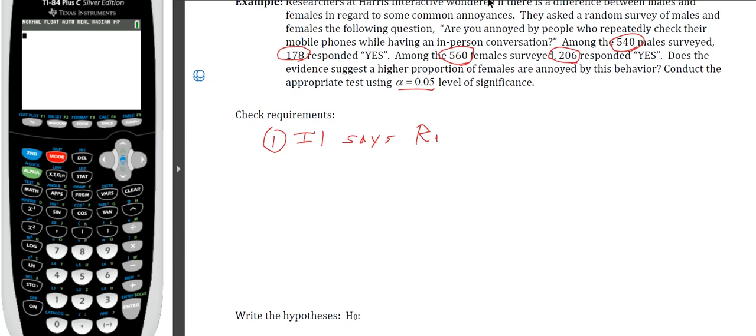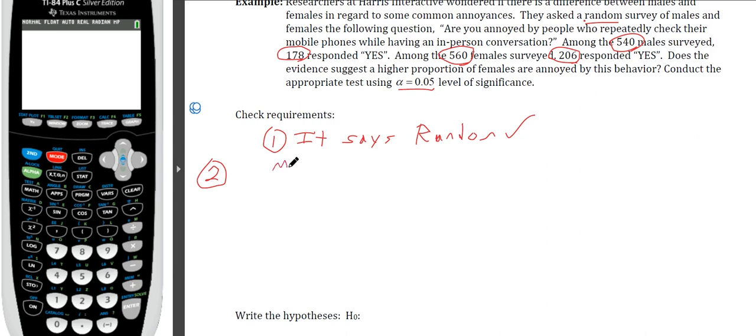It says that they asked a random survey of males and females. So it does say random. All right. For our second condition, we're going to check np(1 minus p), but we're going to do so for both groups. We want to make sure that they're both greater than or equal to 10.